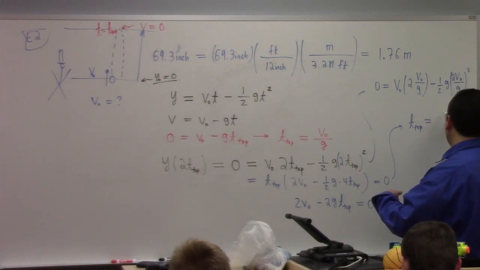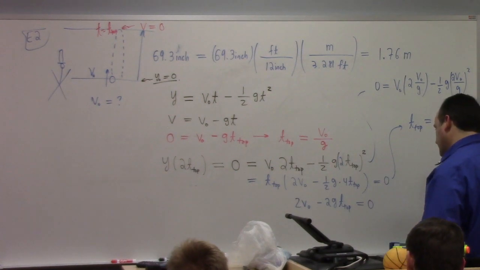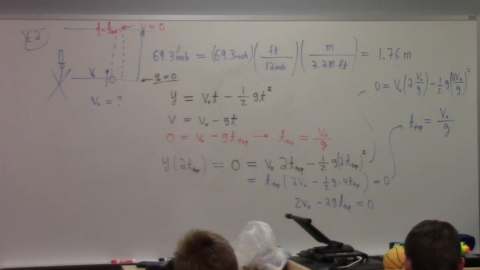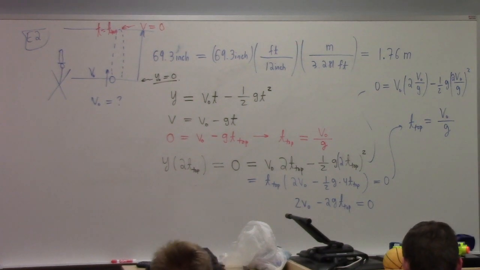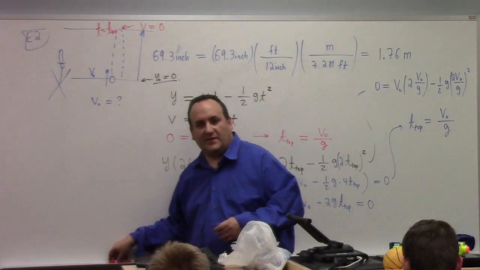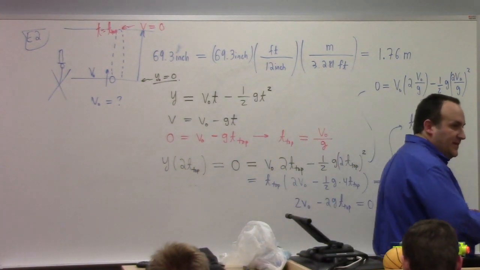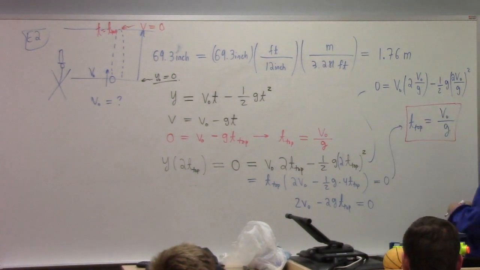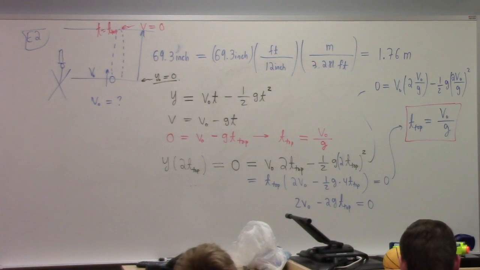So I just get v naught over g, yeah? And at this point, I regret my life. Well, not really, but there was an easier way to figure this out, wasn't there? Can you tell me? So there's the time to the top, which is not what we were after, but hey, we found it anyway.